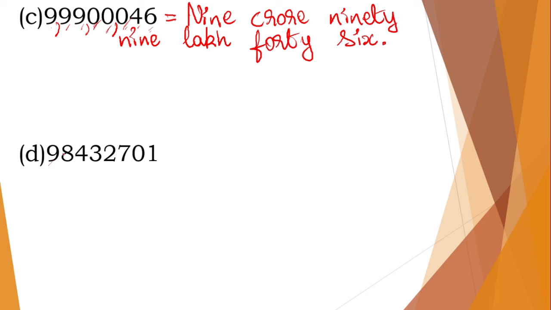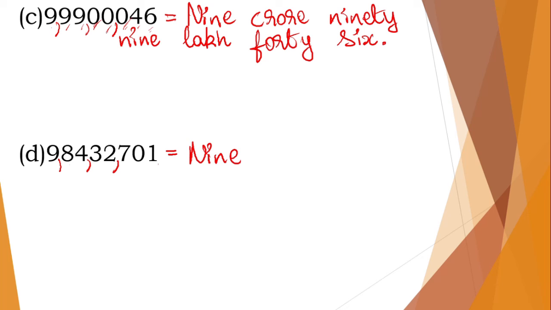Now the next question is 98432701. Now, let's start putting the commas. So after 3 digits, we'll put the first comma. And after 2 digits, we'll put the second comma. And again after 2 digits, we'll put the third comma. Now let's write the number name. So again the first digit here is 9.